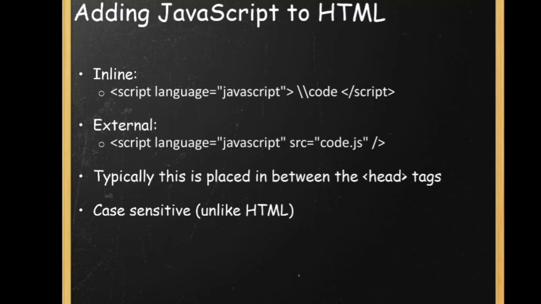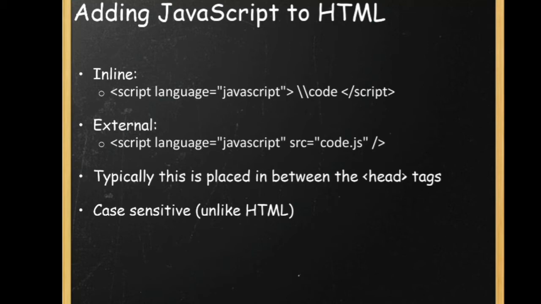Okay. Then second, external. In external, we create a separate file for JavaScript, and then we include it in HTML before body using the word src. By using script language equals to JavaScript src, and then code.js, it will be created separately by the name code.js.